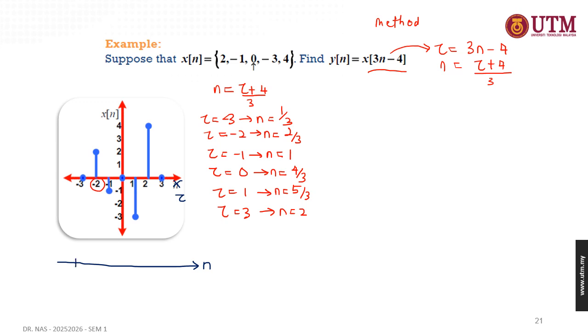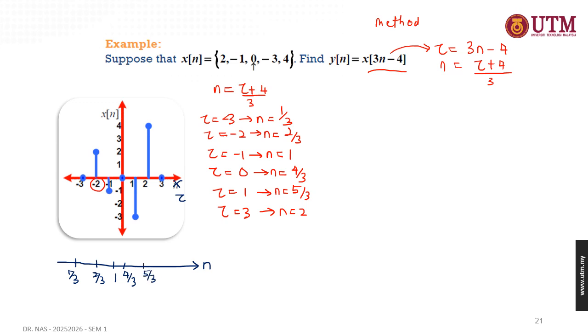When minus 3, it is 1 over 3. When it is minus 2, it is 2 over 3. When it is minus 1, it is 1. 0 is 4 over 3. 1 is 5 over 3.